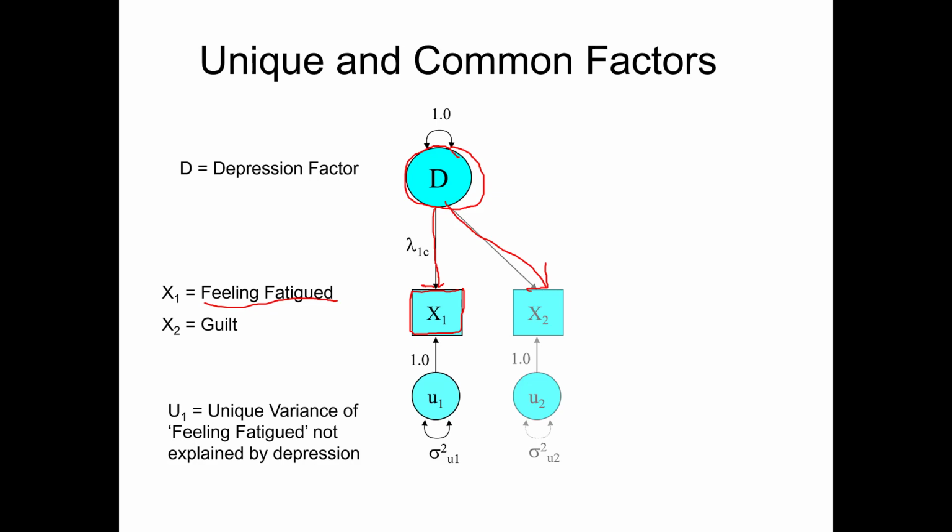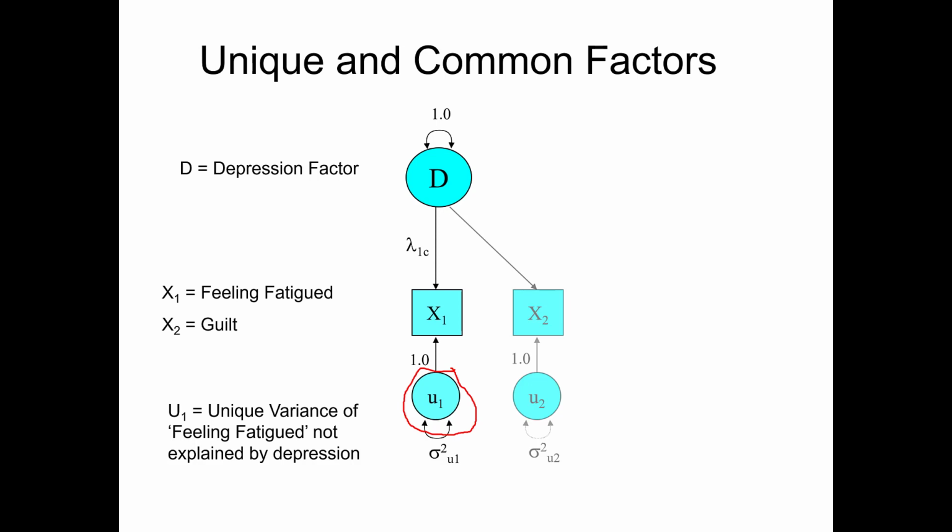We're trying to find these common factors that relate to everything. We also have unique variance, or unique parts, that are not related to depression. Sometimes we call this error. This is the unique part of feeling fatigued that's not part of depression.